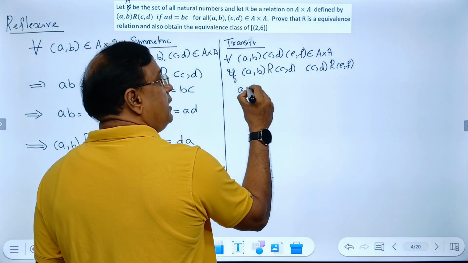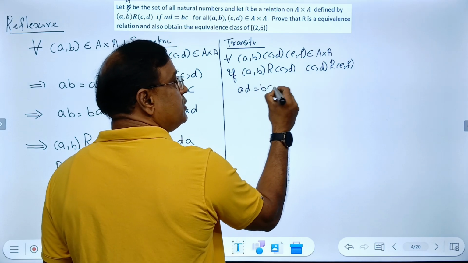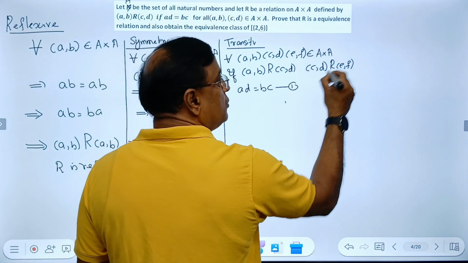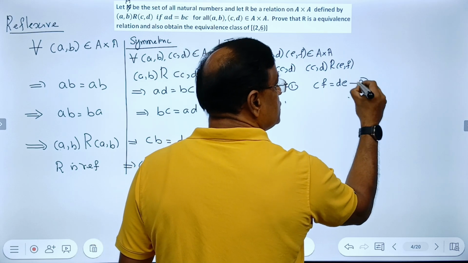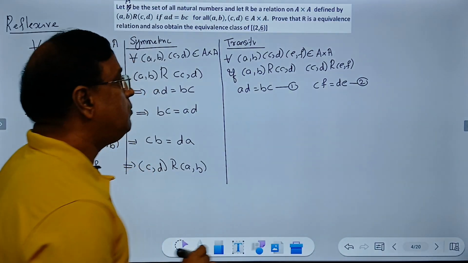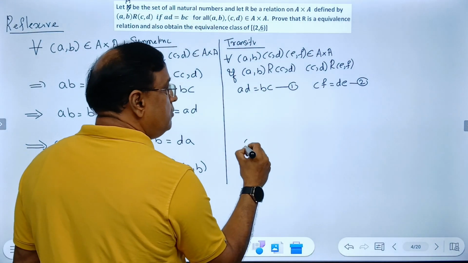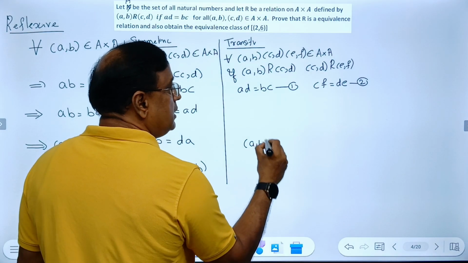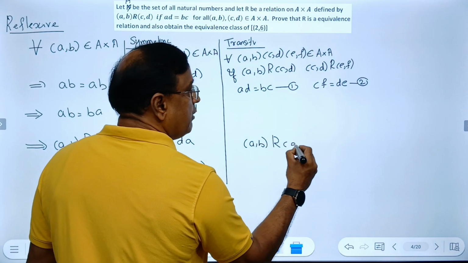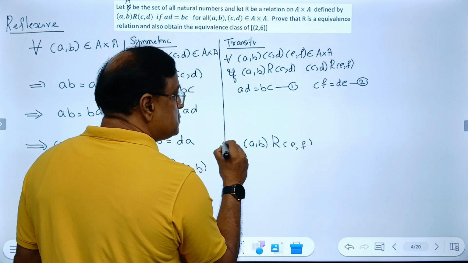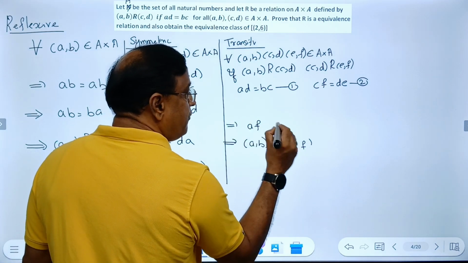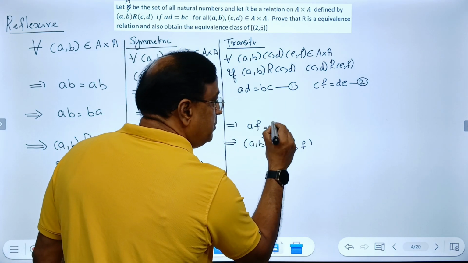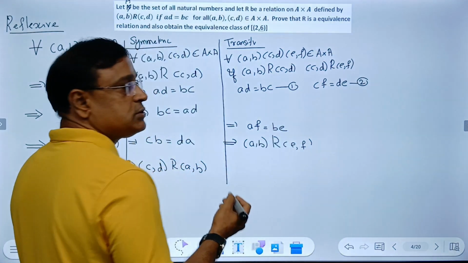We know that AD equal to BC by definition. Call this as 1. What about this? CF equal to DE. Again by definition. Correct? Now what I wanted to prove? I wanted to prove that (A, B) is related to (E, F). That means what I should have proved? I should have got AF equal to BE. Let us see whether it's possible.